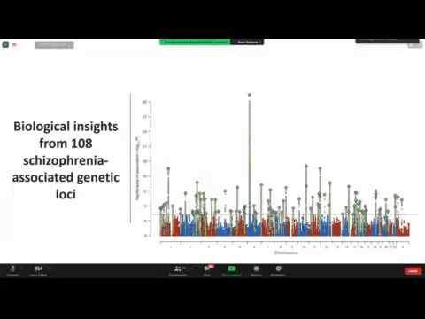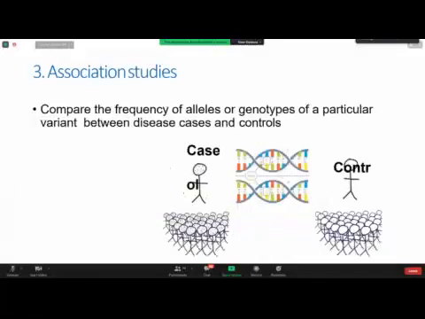So for this kind of study, we go for whole genome sequencing, the genome-wide association study. The other one that we mostly do in Pakistan is the association study. Basically, they took thousands of samples and millions of SNPs, and they look across the genome.